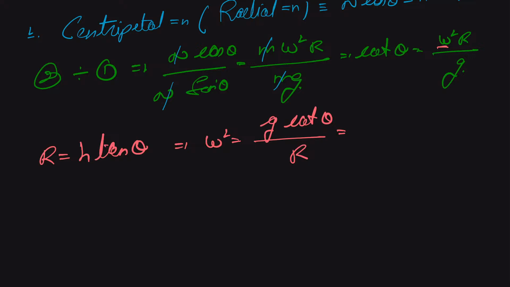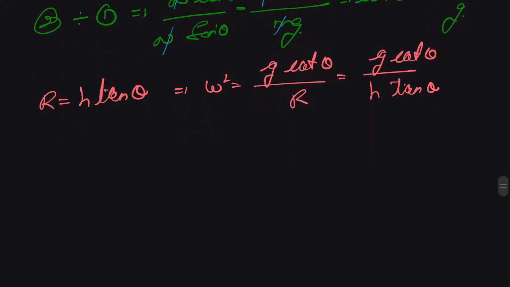Therefore omega square is g cot of theta divided by h tan theta, and 1 upon tangent theta is cot theta.